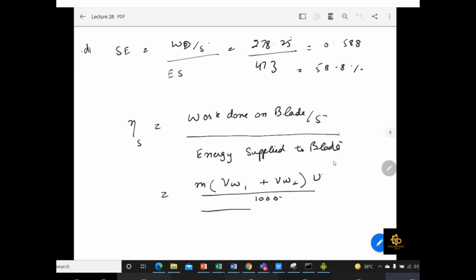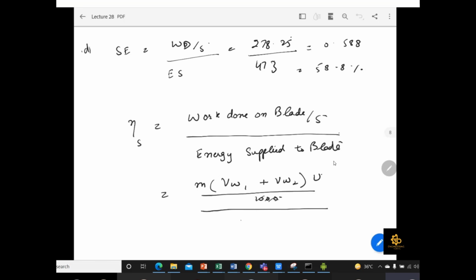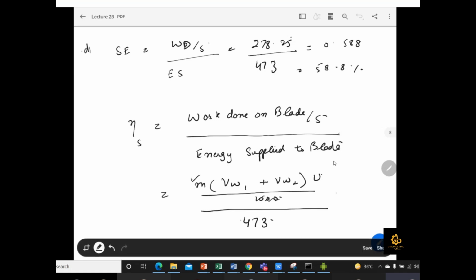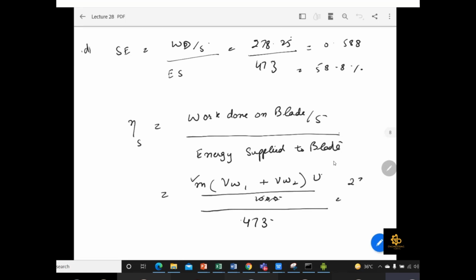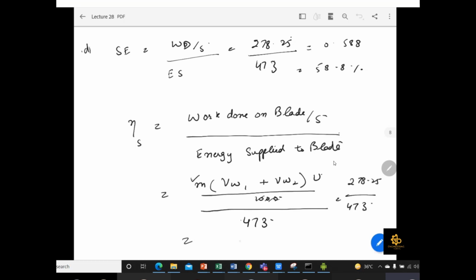Or you can convert 473 into watt, and then you do not need this 1000 as well. This value you can easily find from all the available data, and this is 278.25, this whole term, which is the numerator, and in the denominator we have 473. If we calculate it, it will be equal to 0.588, or 58.8%.